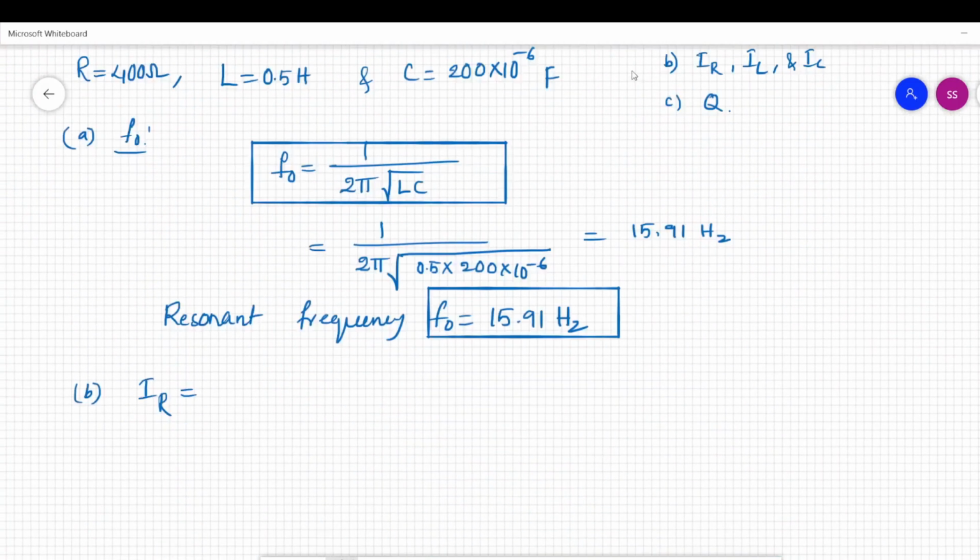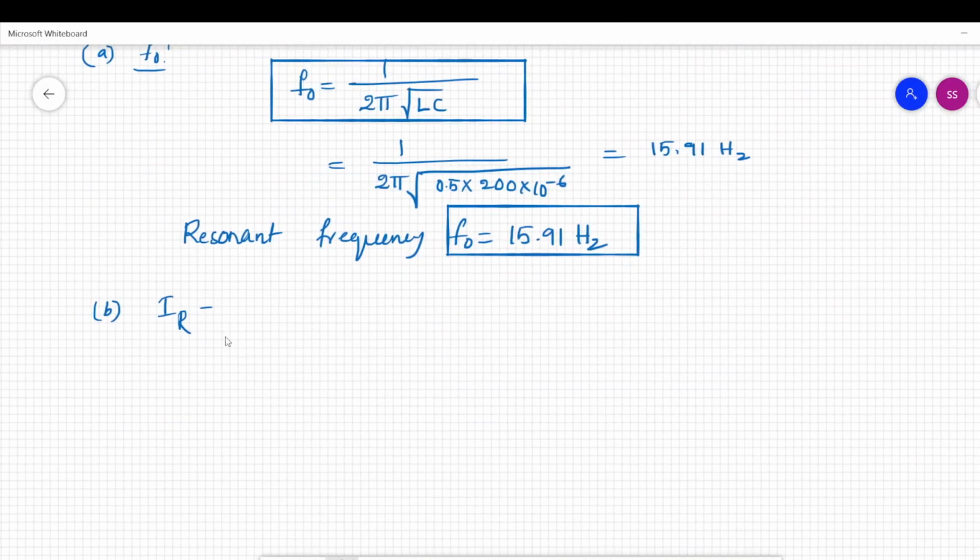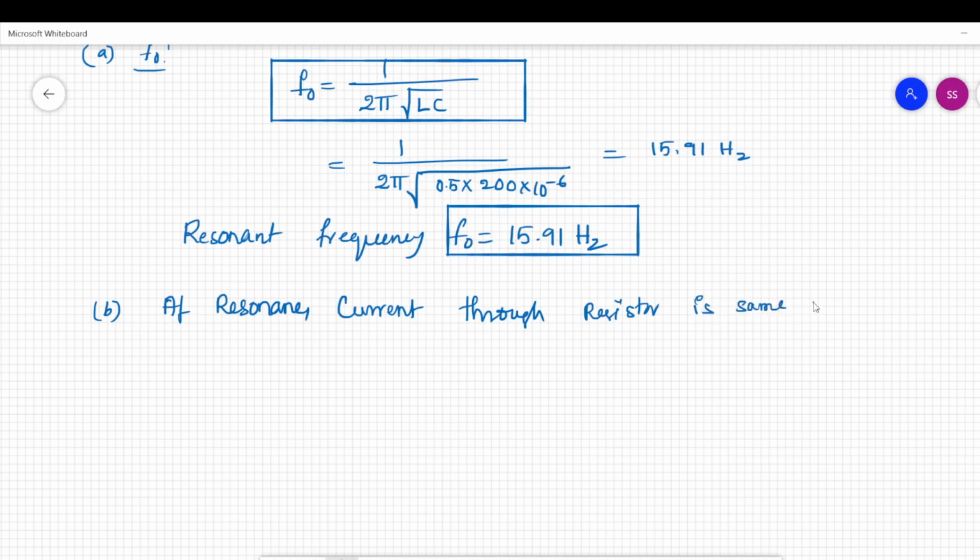At resonance condition, current through resistor is same as the current from the source.